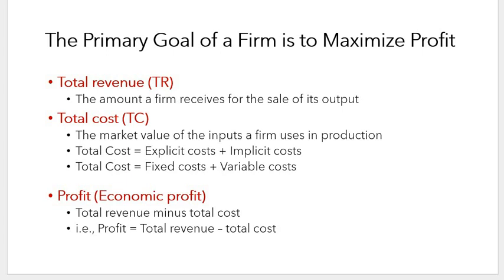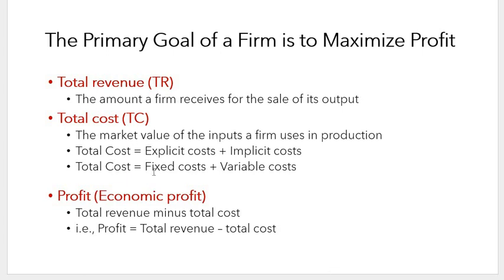Now that we set this goal of maximizing profit, we need to carefully define what profit is. Profit is the difference between the total revenue, all the money you make, and total cost, all the money you have to pay to buy your inputs.